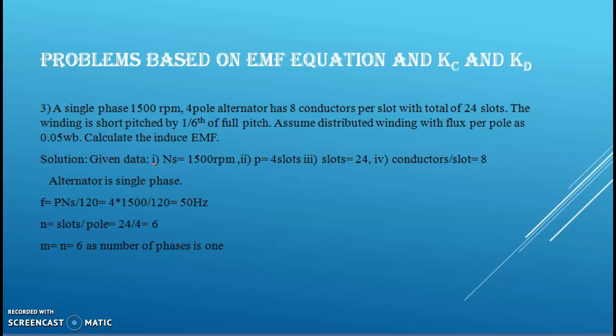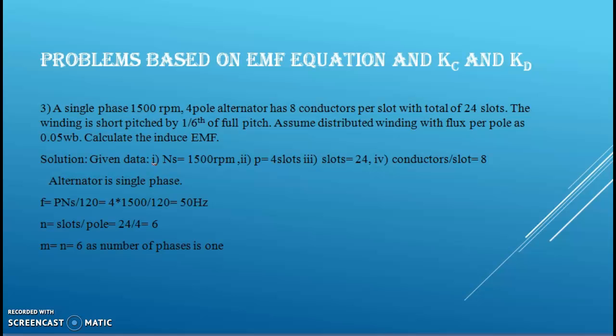Then small n, slots per pole. There are 24 slots for 4 poles, so n is equal to 6. Similarly, as it is a single phase alternator, m is equal to n, so m is equal to n is equal to 6.